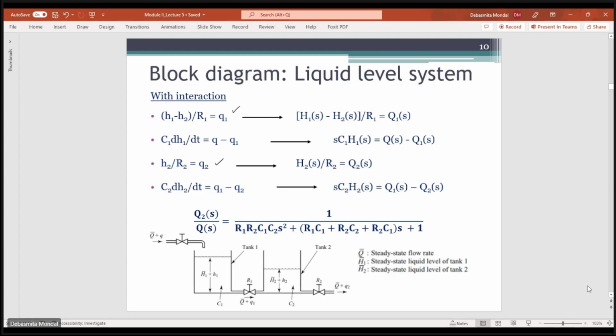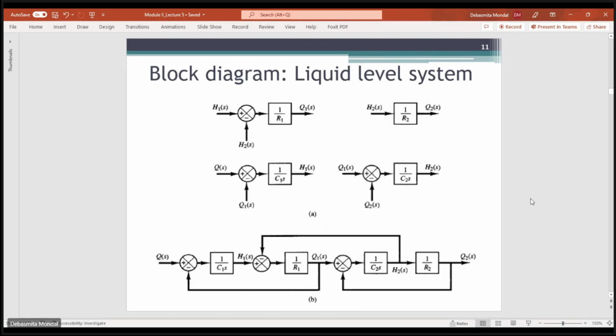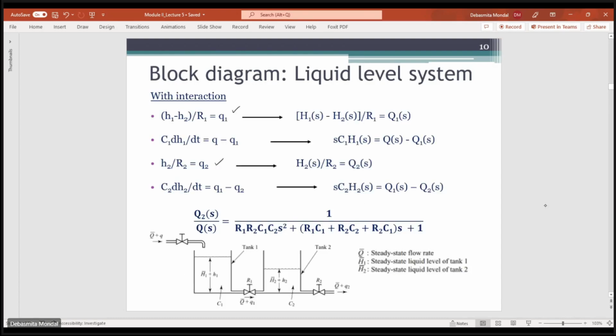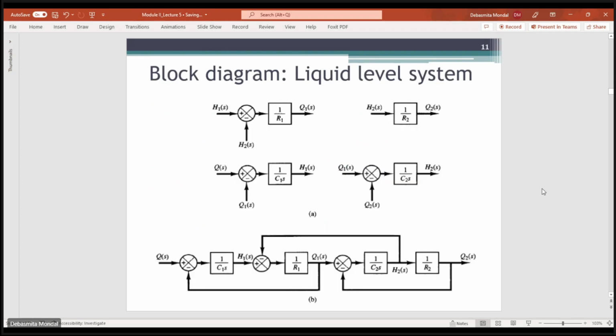Now we want to draw the block diagram representation of this system. We'll individually draw the blocks for these 4 equations. Let's say this is equation number 1, this is equation number 2, 3, and this is 4. In the first equation, you have H1 minus H2 by R1 equals Q1.